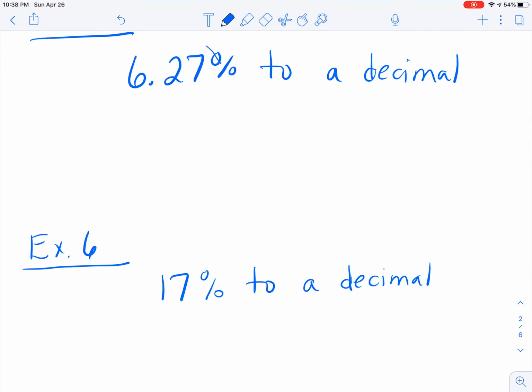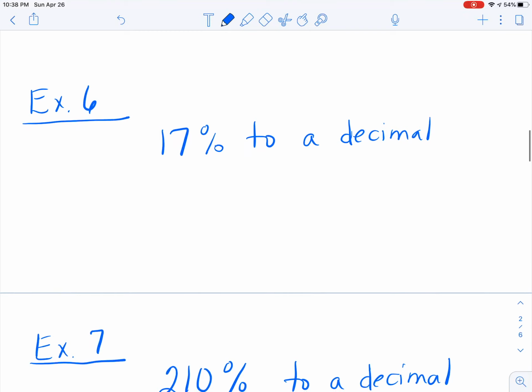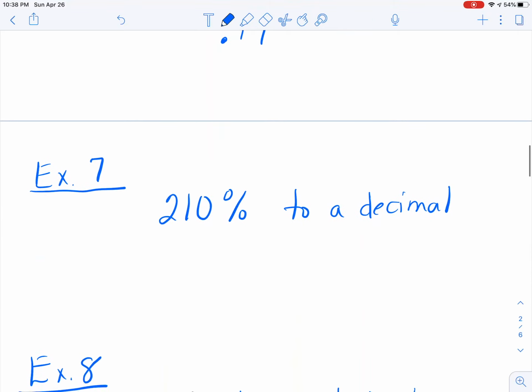All right, let's look at this one. Step 1, drop your percent sign. Step 2, 2 places to the left. 1, 2. Fill in with a 0, 0.0627. Example 6, drop the percent sign, 2 places to the left, 0.17.